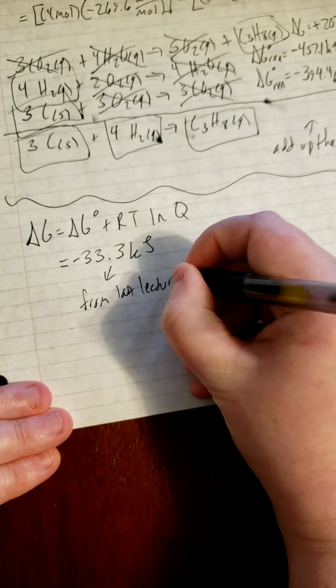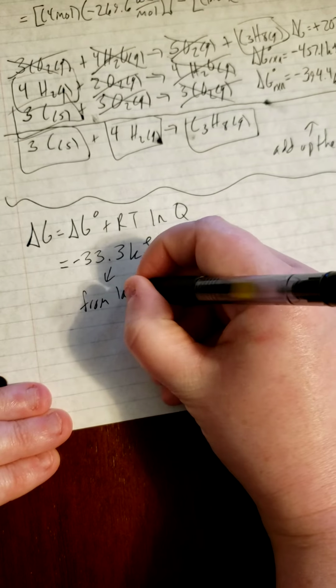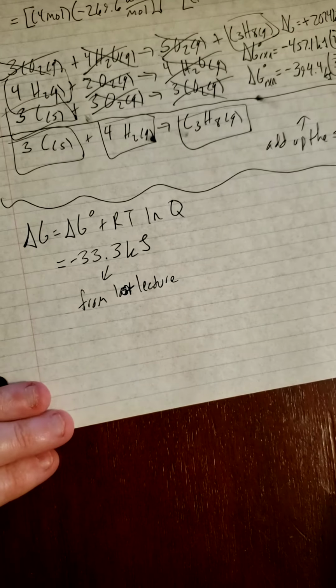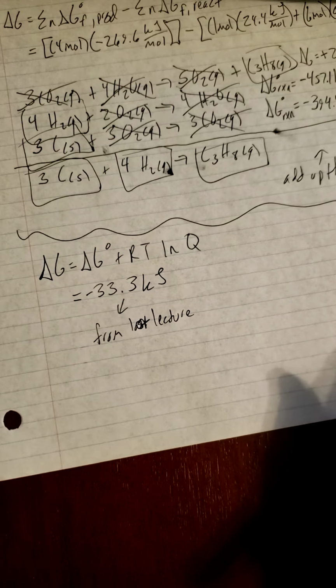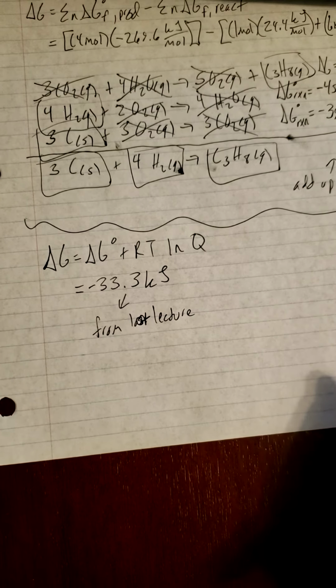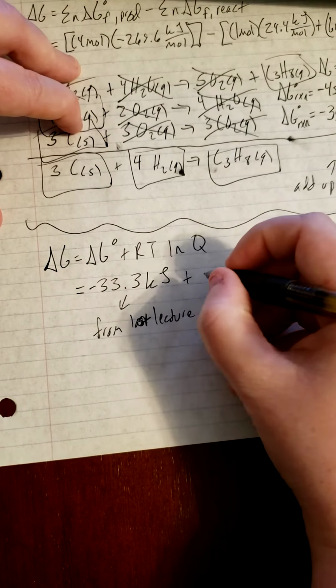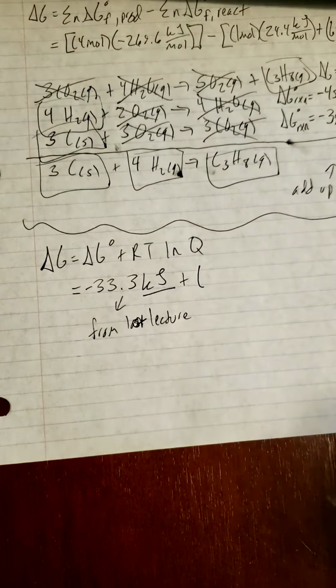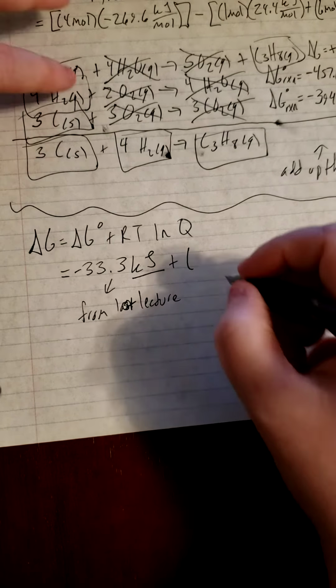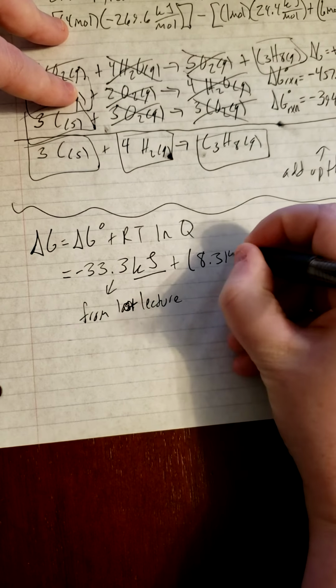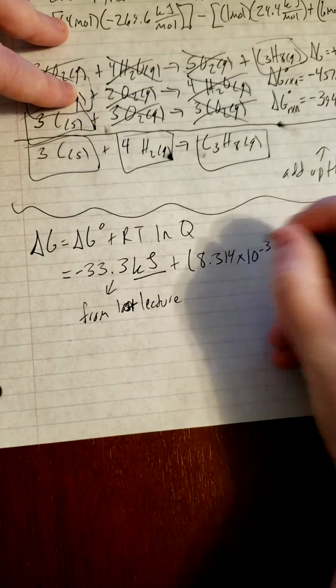Now, I wouldn't expect you to randomly remember this number. I would give it to you, okay? But I just didn't give it in the slide because sometimes I teach this in the same day, and you would already know it, right? Okay. So, plus R. Now, right off the bat, what do you notice? Delta G naught is in kilojoules. So I would go ahead and convert your R into kilojoules. So 8.314 times 10 to the negative 3.